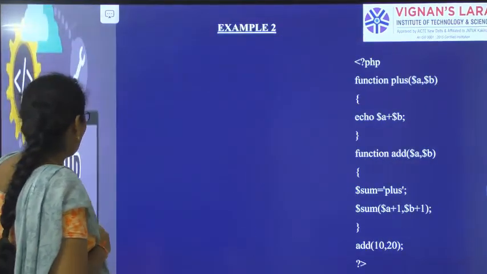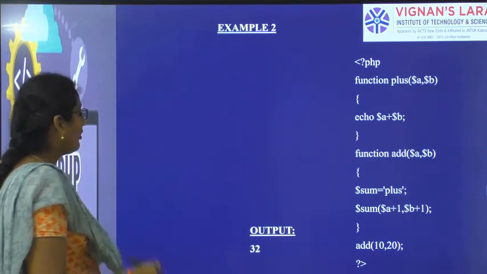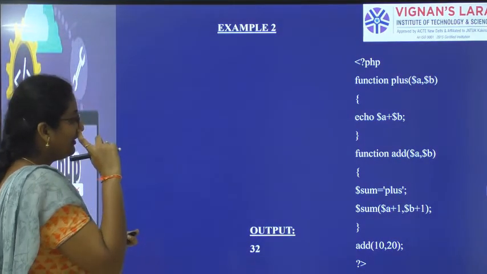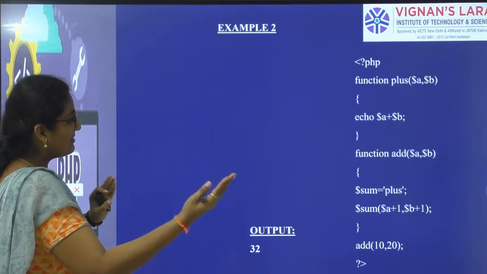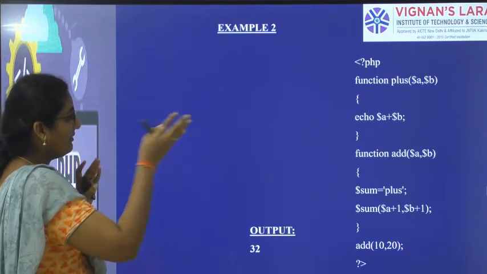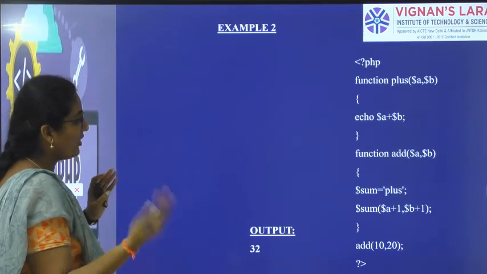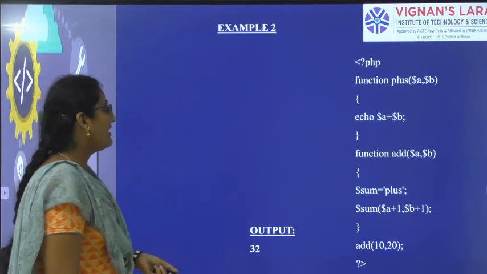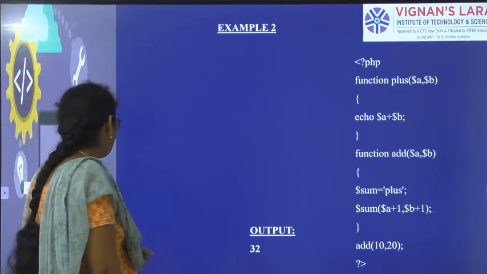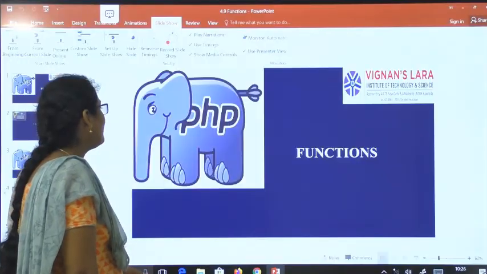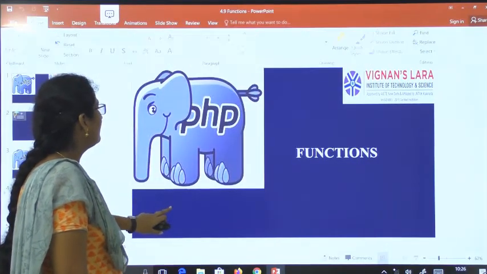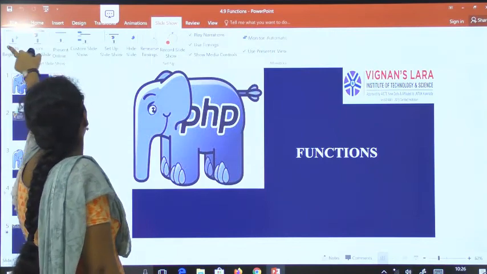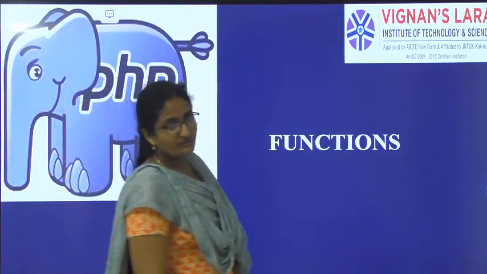So let us see the example. Here also we will get the output 32 because sum is defined to plus, plus is a callback function. In plus we have $a plus 1 and $b plus 1, means 10 plus 1 and 20 plus 1, where the output is 32.